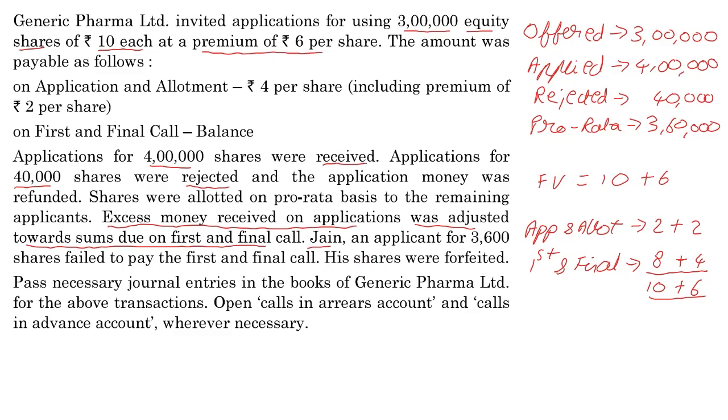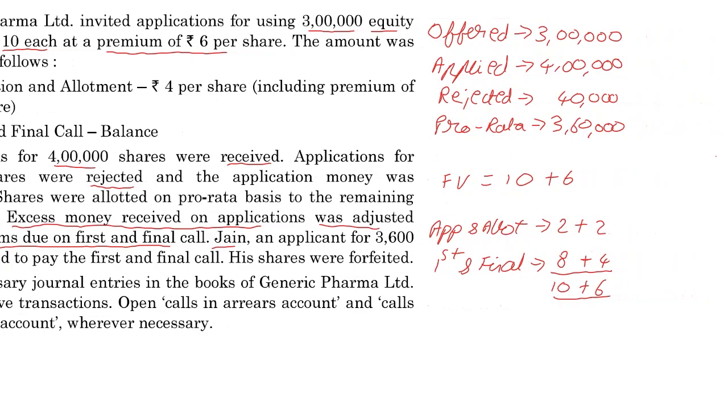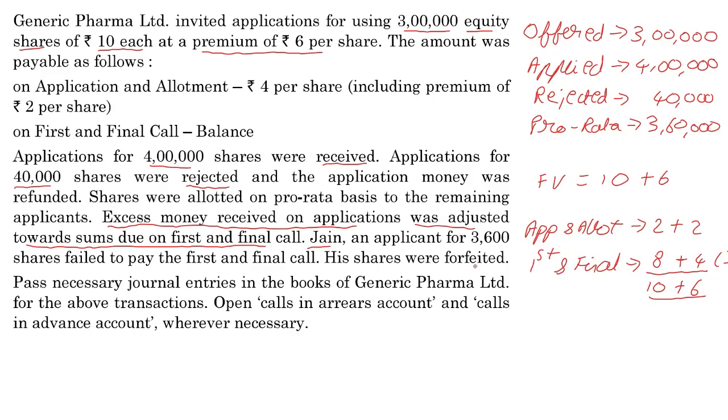So I need to make a little bit of space on the right hand side. Corresponding to the first and final call, in brackets, I will write 3,600 unpaid. And then they're telling us that his shares were forfeited.